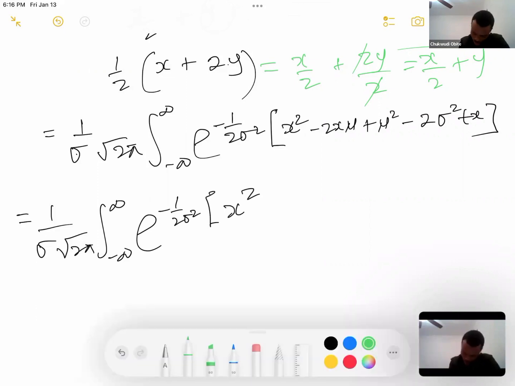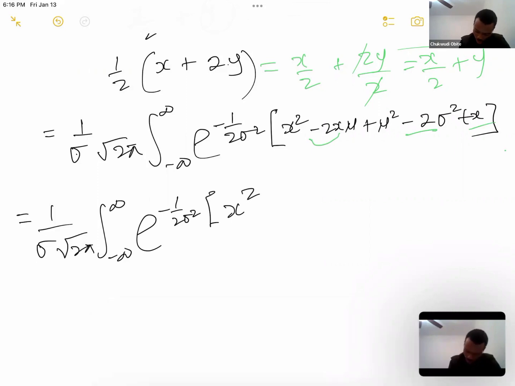Look at this: I have minus 2x here and minus 2x here, so I can factor out minus 2x. I will have mu remaining, plus, if I factor out minus 2x, sigma squared t remaining, and plus mu squared.